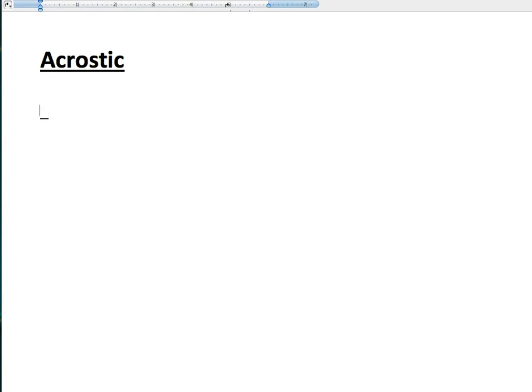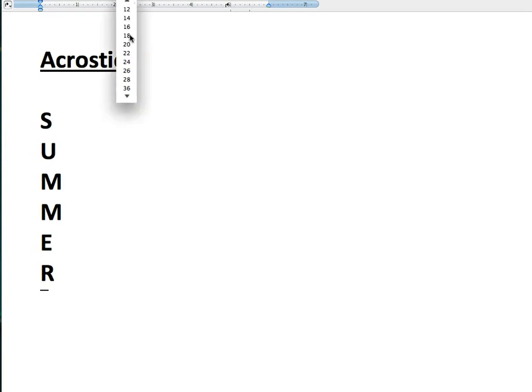First I'm going to type out the word summer vertically so that each letter starts a new line of my poem. And the rule is I have to start that phrase with that letter. And each line also has to describe the subject, which is summer.